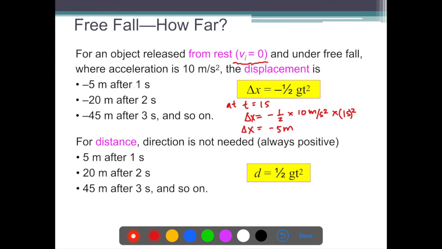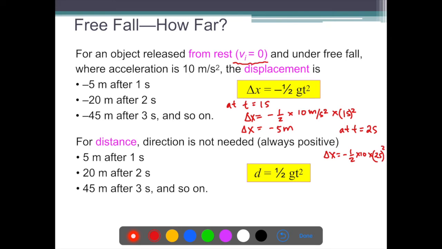So if you wanted to find the displacement after 2 seconds, at t equals 2 seconds, then you simply change t to 2 seconds instead of 1 second, and delta x is equal to negative 1/2 times 10 times 2 seconds squared, which will be 4 seconds squared. So it's essentially 2 seconds raised to the power of 2.